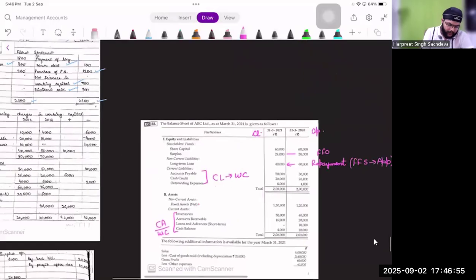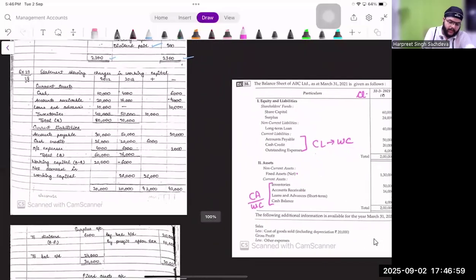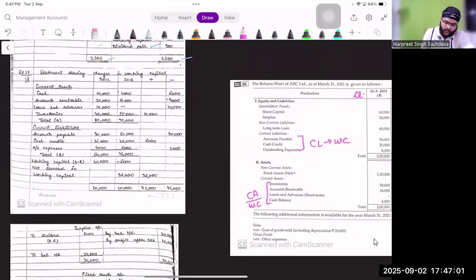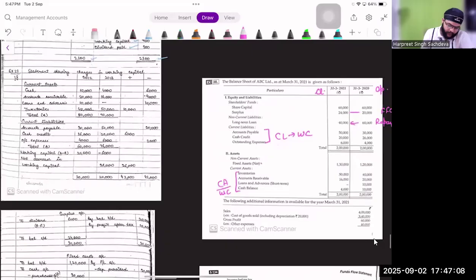Okay, so first of all, you will make a statement showing changes in working capital. So for current assets, we know cash, account receivable, loans and advances, and inventories.